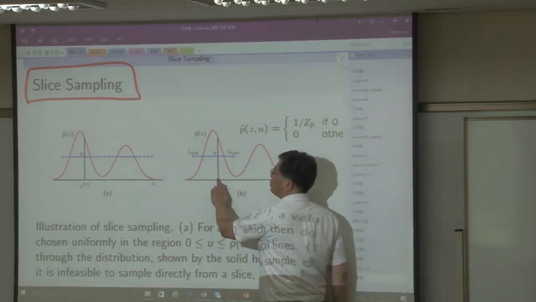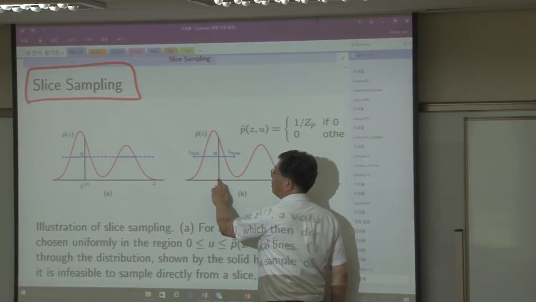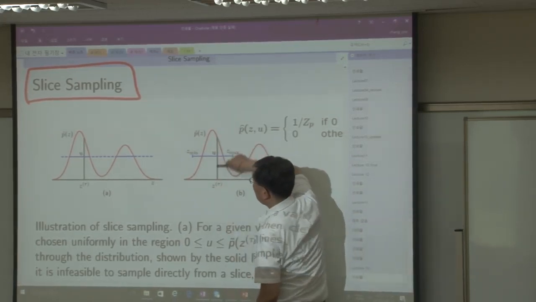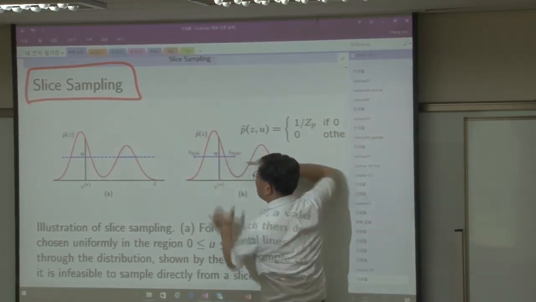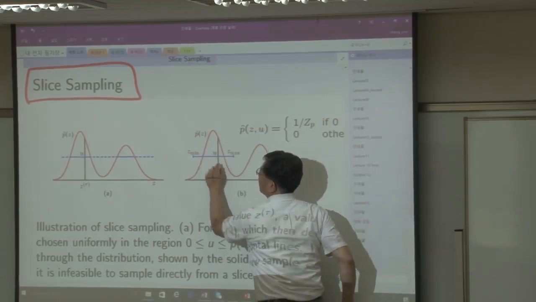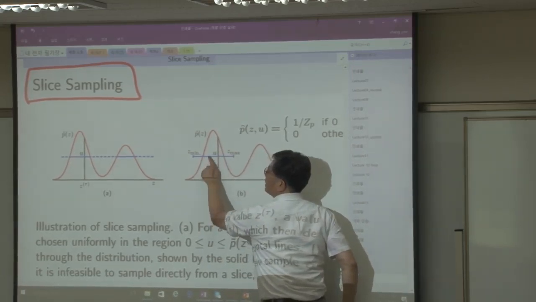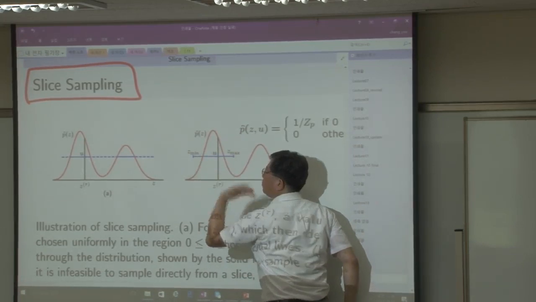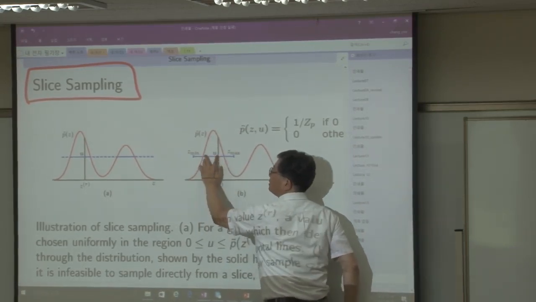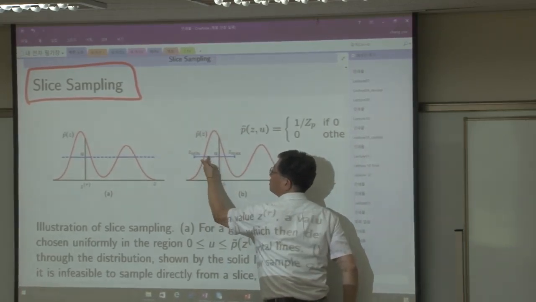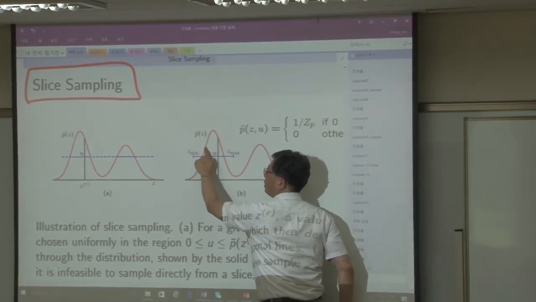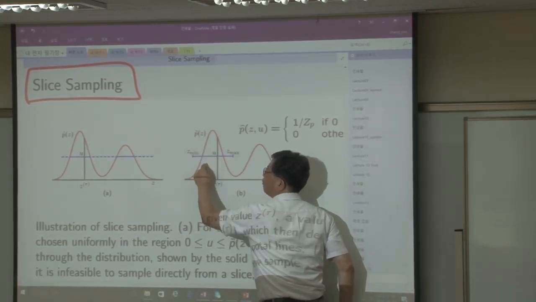So you start with somewhere, you do a uniform sampling, you look at that interval, and then you do sampling. If it's outside, you throw it away. If it's within this interval right here, you accept. And that will be a new sample. And then here again, you do uniform sampling again.